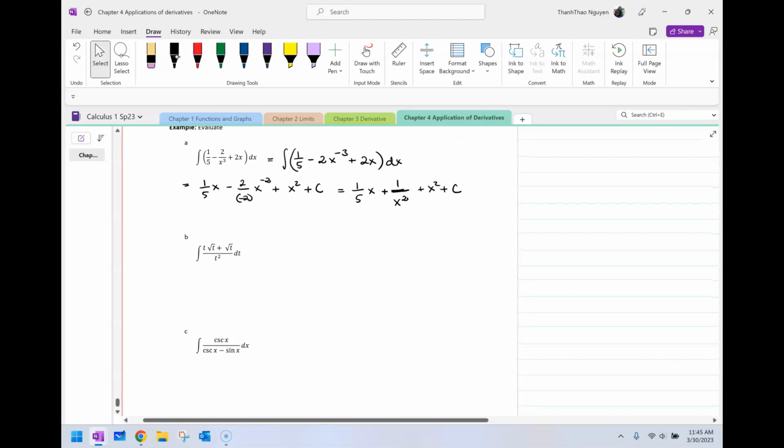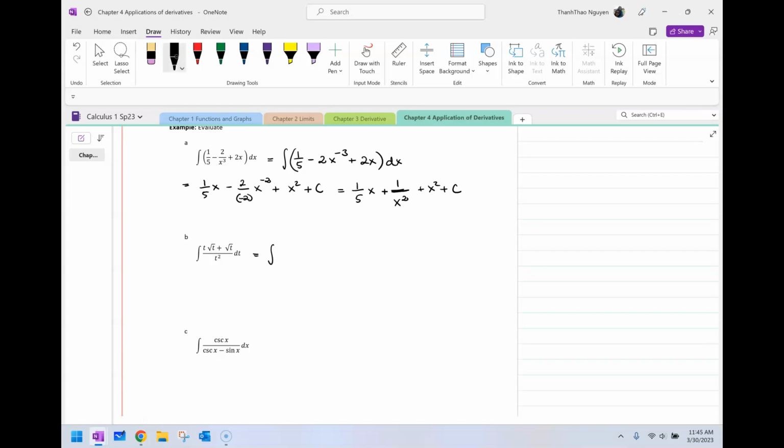Sometimes we can't just take the antiderivative right away because we have something that we don't know how to handle. We can try to simplify the function first, so do some work beforehand. This is the same as saying the integral of t times square root of t divided by t squared plus root of t divided by t squared dt. That equals the integral of 1 over t to the 1/2 plus 1 over t to the 3/2 dt.